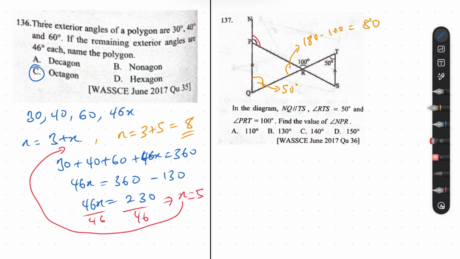Now that we know this side and this side, we can find this side by adding them together, because as we said already, the sum of two opposite interior angles will give us the exterior angle. So 50 plus 80 will give us 130. So the angle NPR should be 80 plus 50, and that is 130 degrees. That is B.